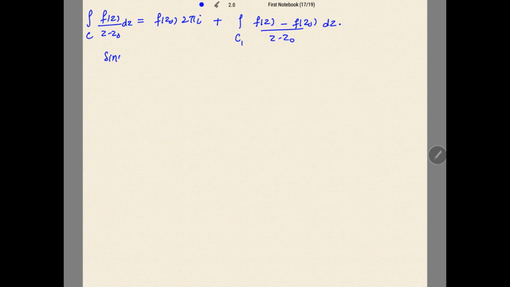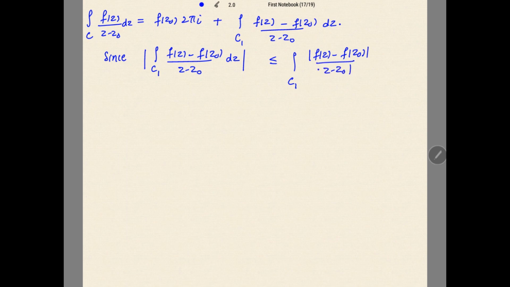Since the mod of integral over C1 of f of z minus f of z naught over z minus z naught dz is less than or equal to the integral over C1 of mod of f of z minus f of z naught over mod of z minus z naught, and the mod of dz.